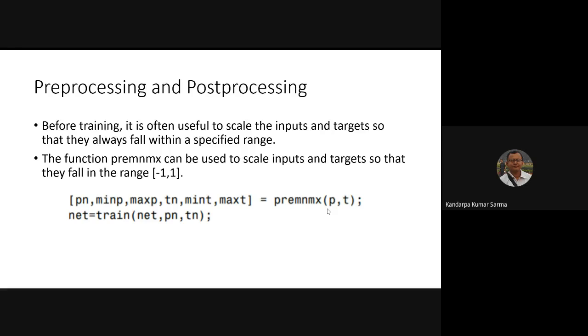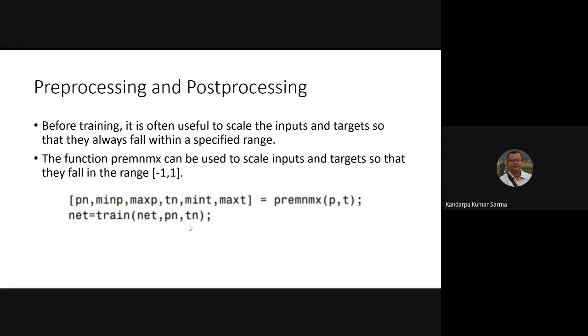Therefore, we need to do pre-processing, and if we do pre-processing, we should follow it up by a post-processing. One of the steps of doing the pre-processing is to use a built-in function called premnmx. Once we do that, we will get the new set of patterns and the targets.